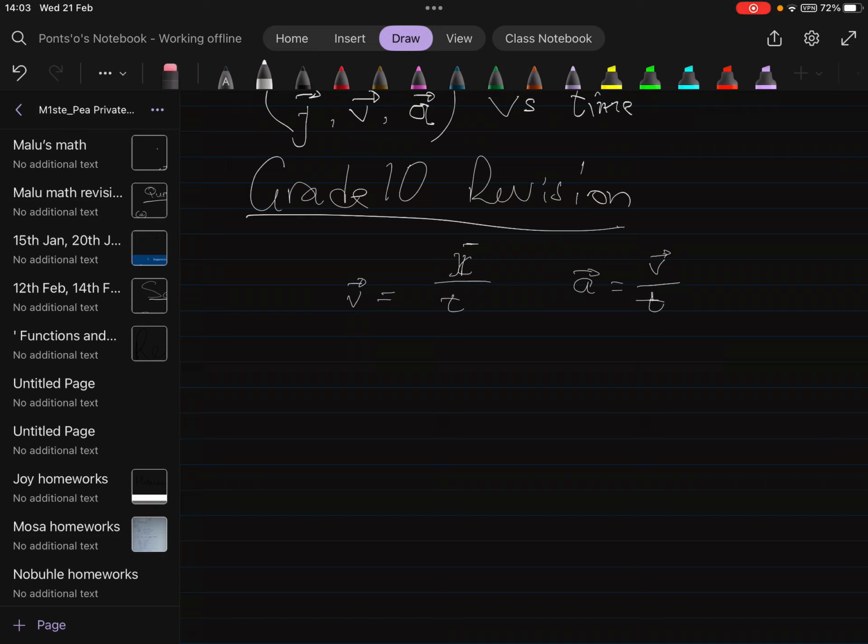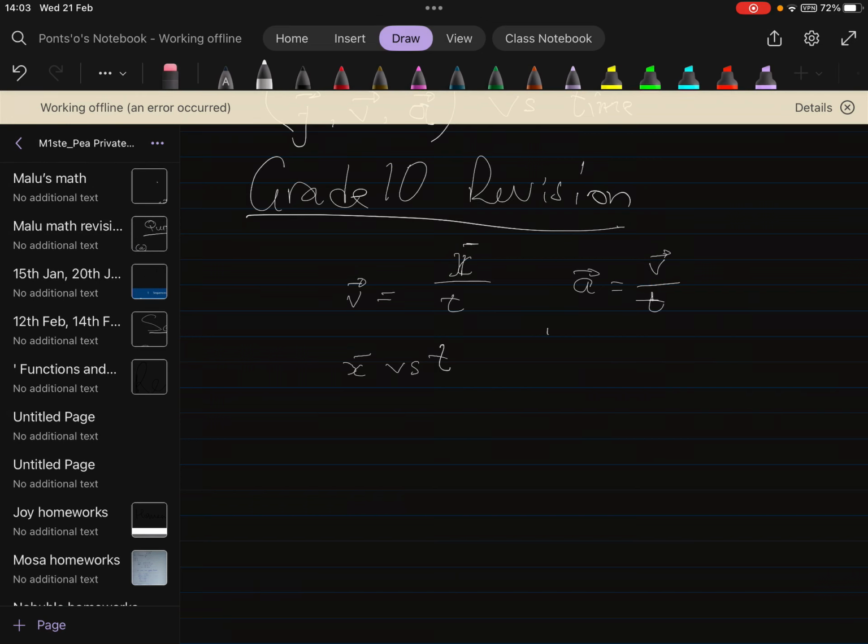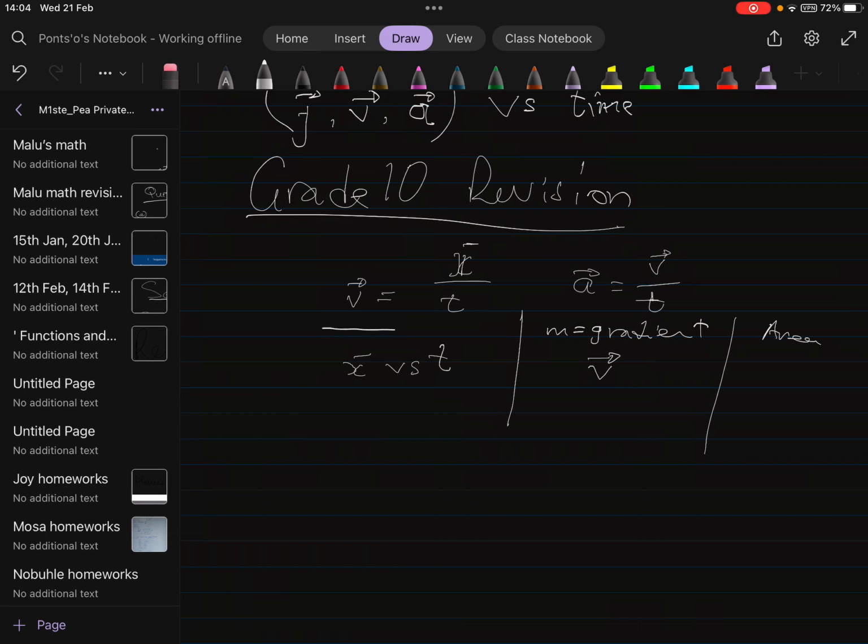then depending on the graph, if we have displacement versus time, the slope is the velocity, and there's no area.